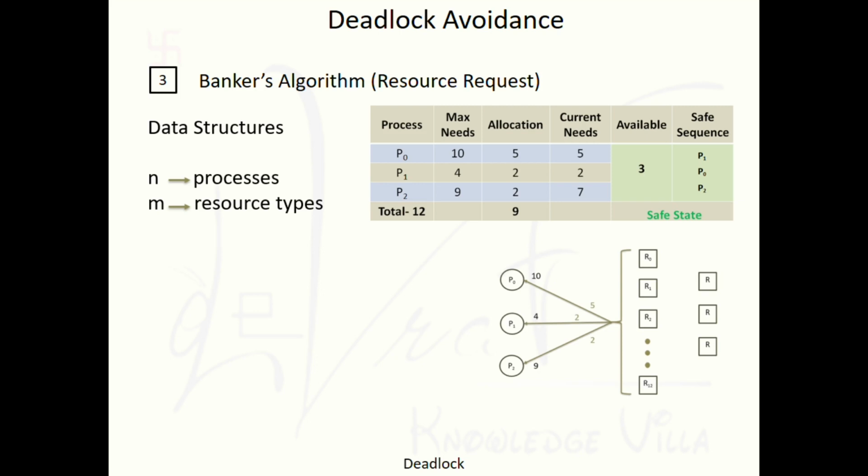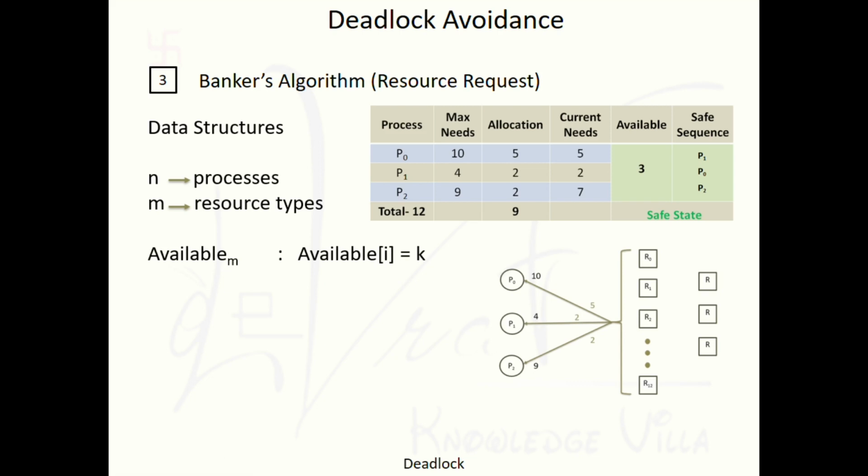So let's see. First thing, that is Available[m], Available[i] is equal to k. Now m is for the resources. It means the number of available resources, k instances of resource type m, is available for the process i. k is representing the number of instances of resource type m, and i is representing the process number like P0, P1, P2.